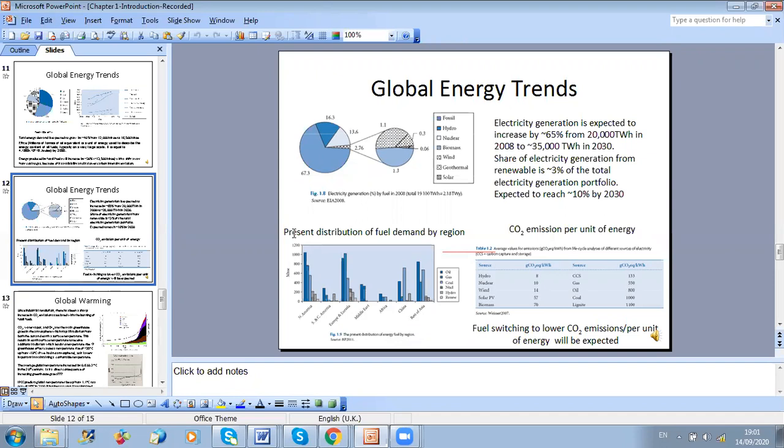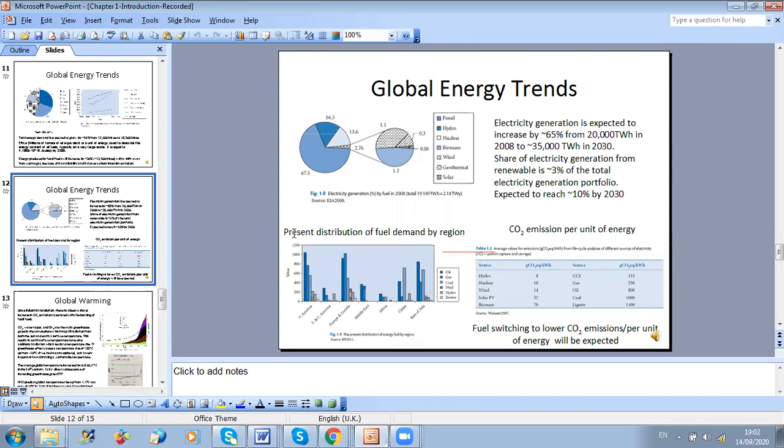Okay, so we should rely on renewable energy for the production of a higher amount of electrical energy. So we are expecting that we can reach 10% of electricity production using renewable energy by 2030, and the higher this amount is with time, the better it will be, because we will reduce the negative effects of fuel combustion and global warming effects.